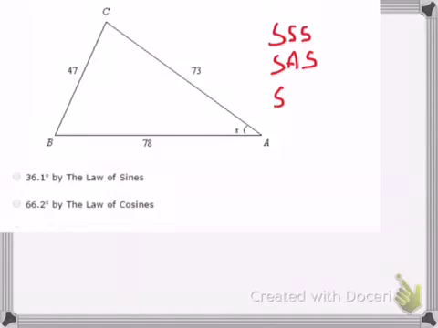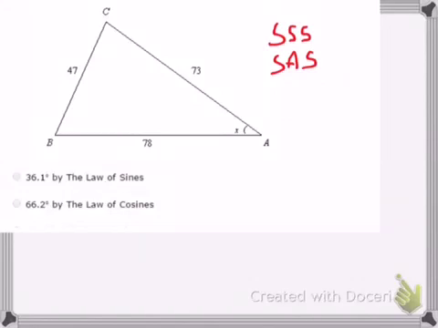Now, side-side-angle is called the ambiguous case, and you'll cover that in trig. We don't throw any problems like that one at you in geometry. For that case, you actually use the law of sines.